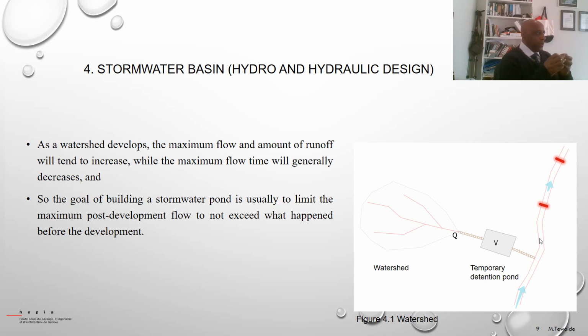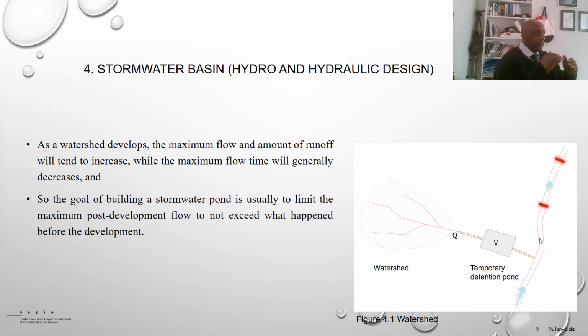Therefore, we need to reduce the runoff to the status where it was. For example, assume the maximum discharge was 30 meter cube per second, just a simple assumption, that is the previous discharge.